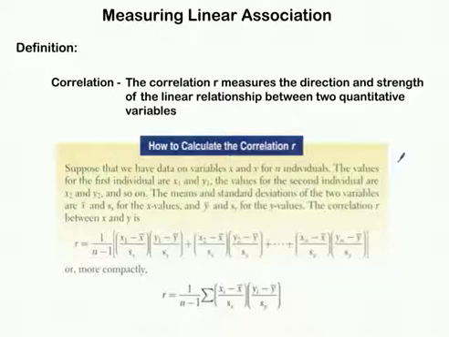This means that the mean and the standard deviation of the two variables are x bar and s sub x for x values, and y bar and s sub y for the y values. The correlation R between x and y is this. Or more compactly, 1 over n minus 1, the summation of your x times your y. So all your x information times your y information.